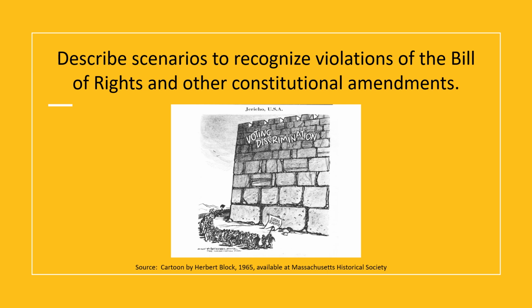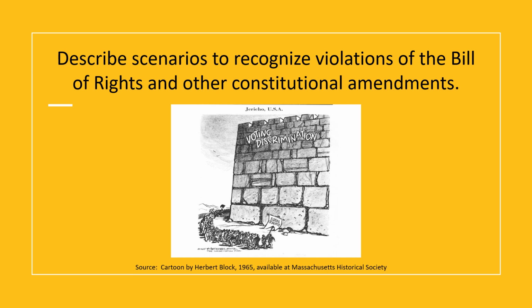But in order for us to give a broader examination of these issues, we also need to look at other constitutional amendments and other violations that citizens experience to their rights that are protected by these later constitutional amendments. So what we have here is a picture, a cartoon of a wall.